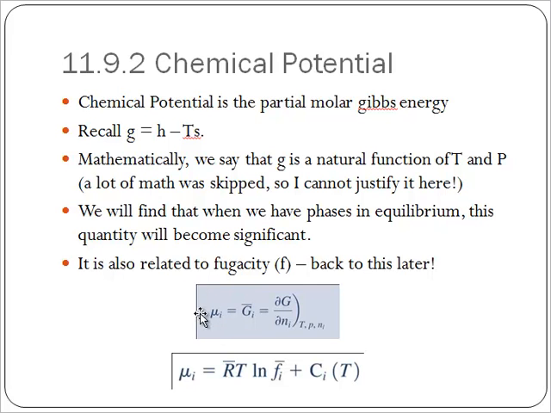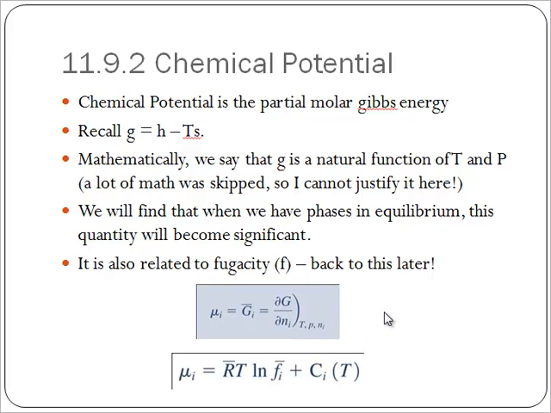Chemical potential is designated as a mu. Mu of species i is the partial molar Gibbs energy of species i, which is how the total Gibbs energy changes if I change one molecule of species i, holding temperature, pressure, and all the other things constant.